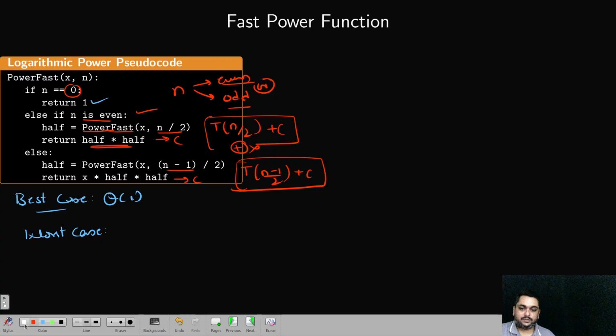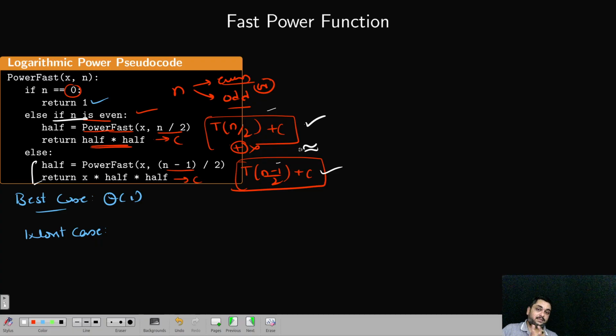So if you see, if this part is true, this will be executed. If this part is not true, the else part will be executed. Now there is no difference between these two functions. Both are equivalent, right? T n by 2, T n minus 1 by 2. I can approximate as n by 2. But if this function is completely different, then we have to find the lower bound and upper bounds.